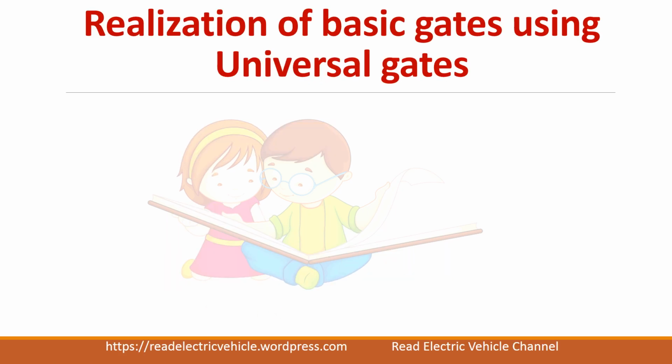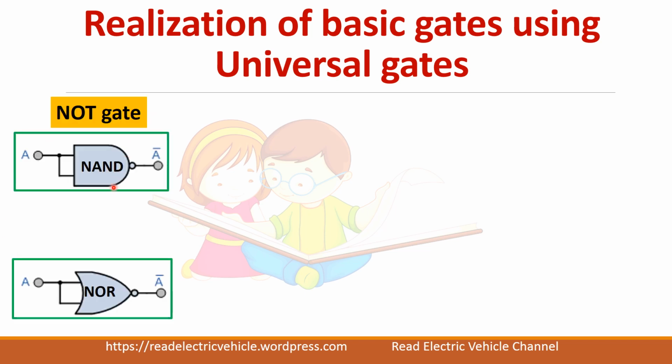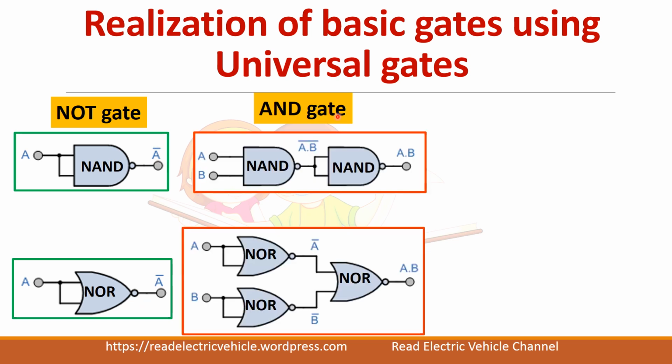Let us summarize the things together. First, to implement a NOT gate using NAND or NOR logic, short the input terminals in both cases. You will get an inverted output. For AND gate implementation, the NAND gate is just the inversion of the AND gate. So first you connect a NAND gate, then invert it.